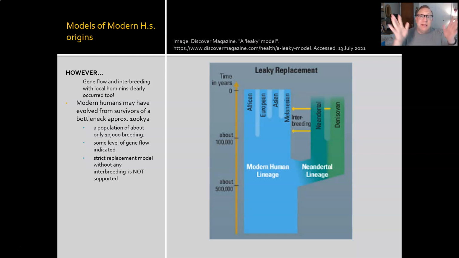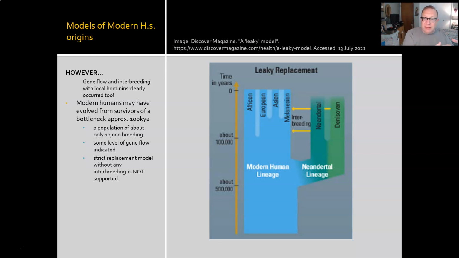And then we see the appearance of Homo sapiens in all of these areas over several tens of thousands of years, and then there's a period of overlap, and then we see the disappearance of the indigenous species that were there. However, more recent genetic evidence has shown us that those species didn't remain separate.